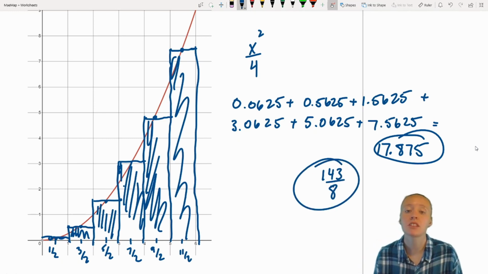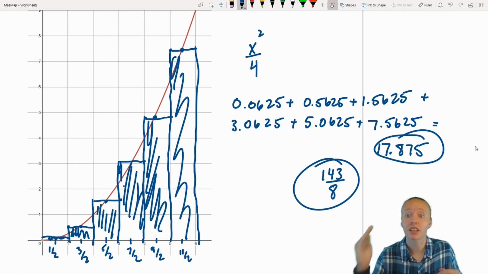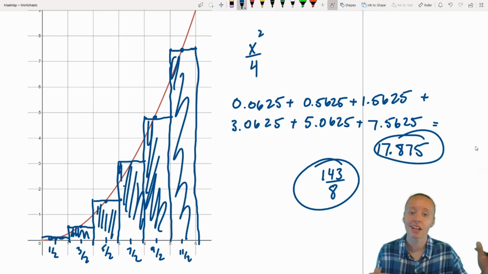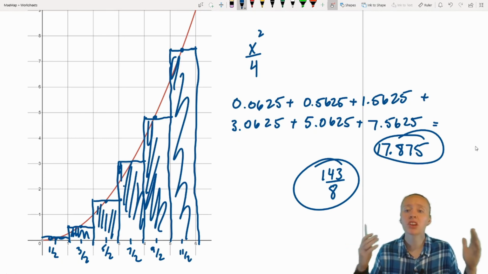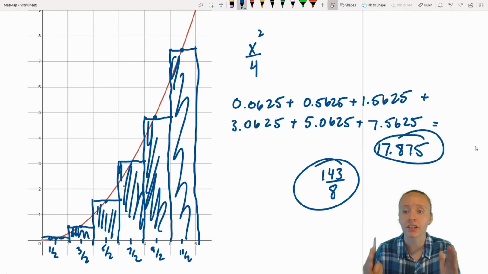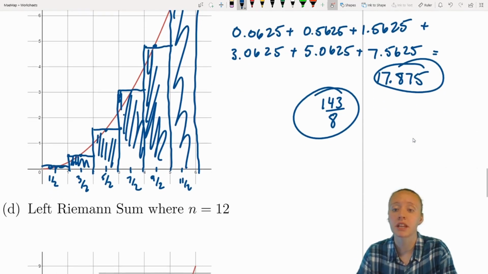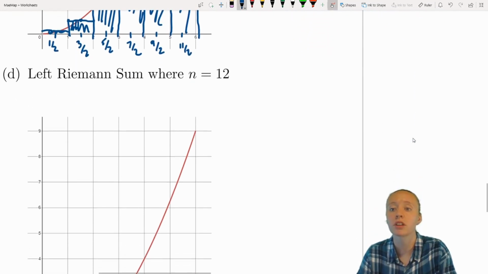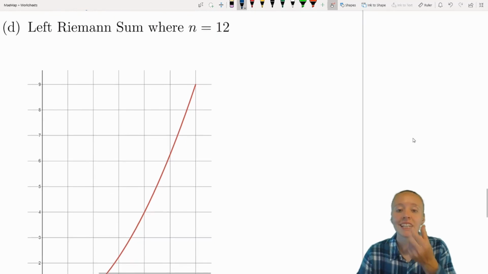I just thought it might be easier to write it as decimals so you could see how that 17.875, that midpoint Riemann sum, fell between my area for my left Riemann sum and the area I calculated for my right Riemann sum. And like I stated before, the only way we're going to get a more accurate area is if we split the overall interval up into smaller subintervals, essentially decreasing the width of each of my rectangles.